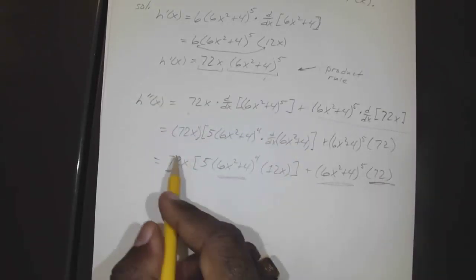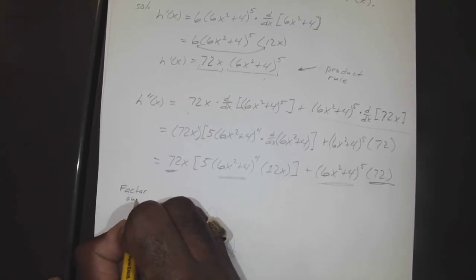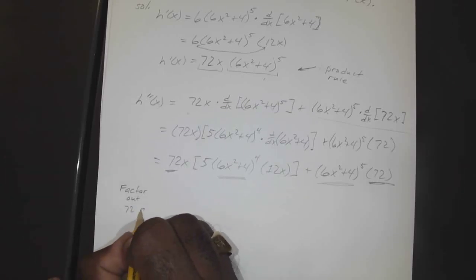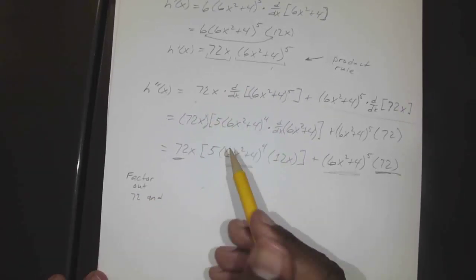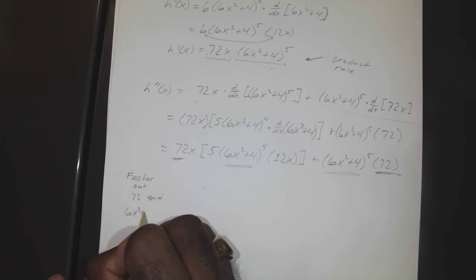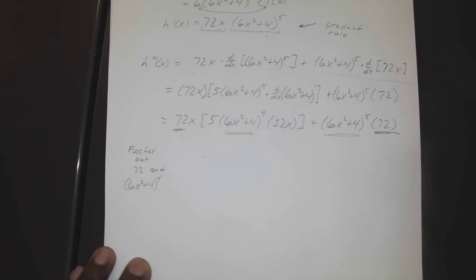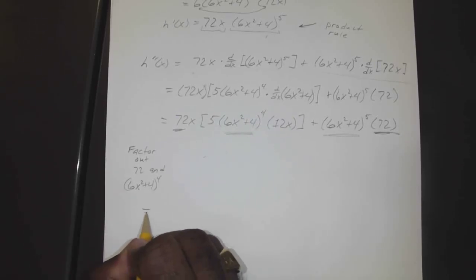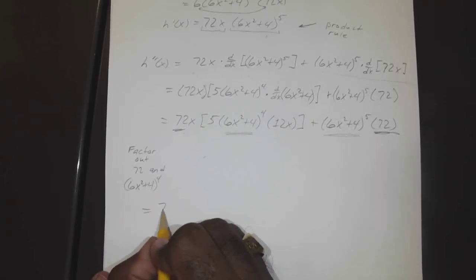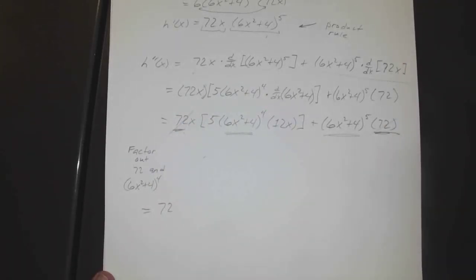Okay, so here if we factor out 72 and 6x squared plus 4 to the 4th, that gives us 72 factored out, and we can draw a quick little line through it.